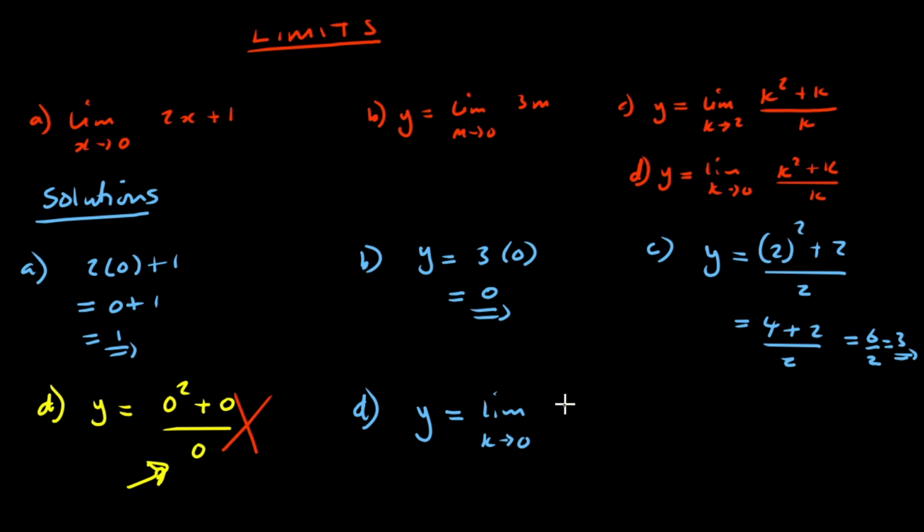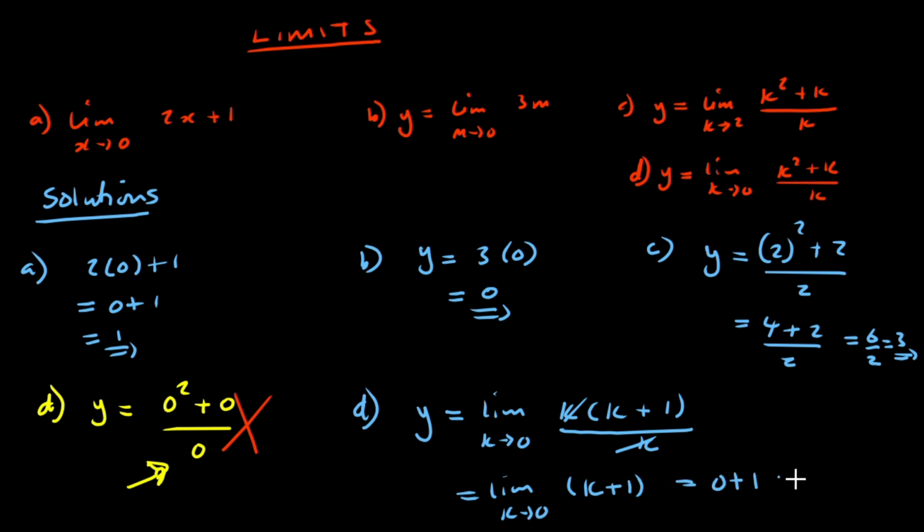So we factor out k, and we are left with k plus 1 on the numerator, all over k. And when we cancel our k, we can now have the limit as k goes to 0 of k plus 1. And we can now plug in 0, and we have 0 plus 1, and the answer is equal to 1. You can see what's happening here. This is what we do when we are dealing with limits.